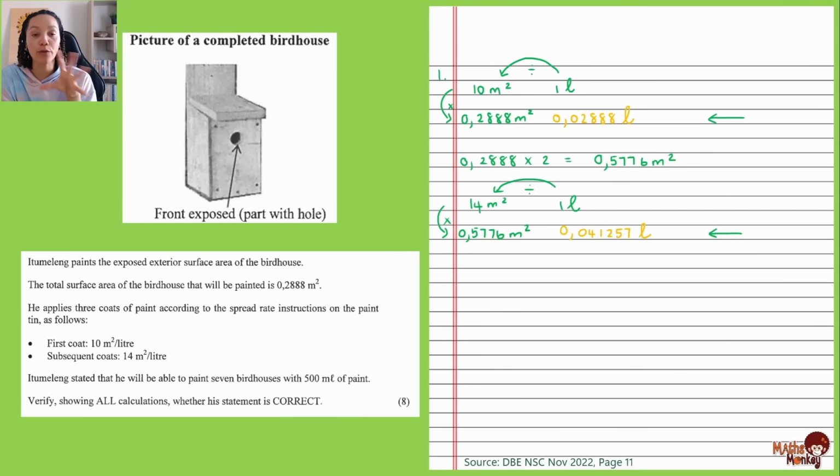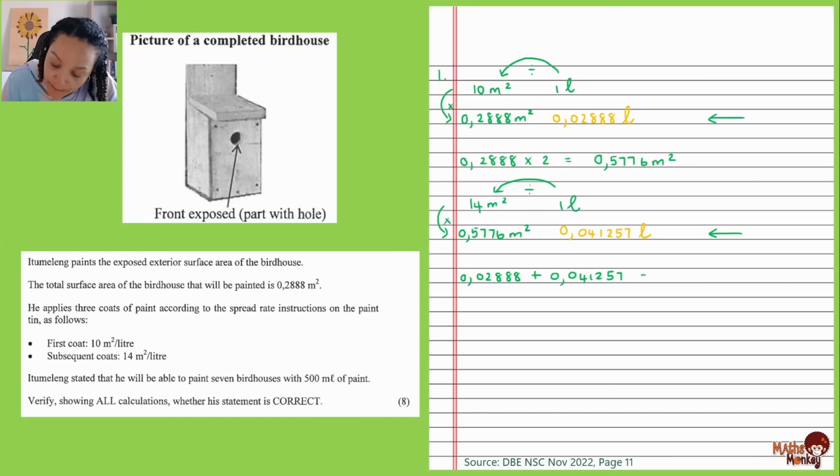So now that we know what the total liters is for 1 birdhouse, because this is 1 birdhouse that will get 3 coats, and he states that he can paint 7 birdhouses, what I'm going to do is add these values together. So I'm going to take 0.02888, and add the liters I need for the subsequent coats.